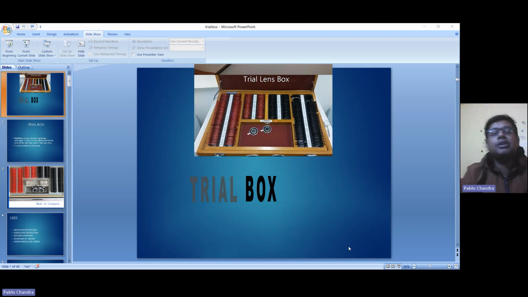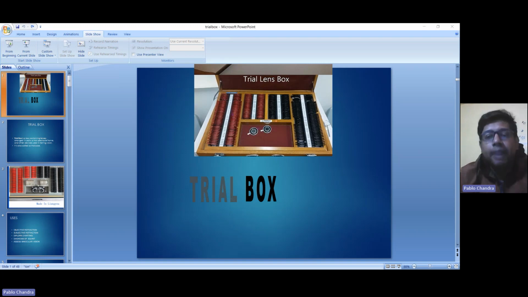Basically, the indication of this test is to check for latent squint. Let me tell you one thing, that it is not always necessary that a squint will be visible with open eyes. We have to find out whether the squint is hidden or not. And to find out this hidden squint, we have to use the Maddox rod.